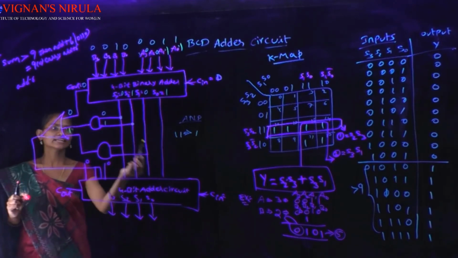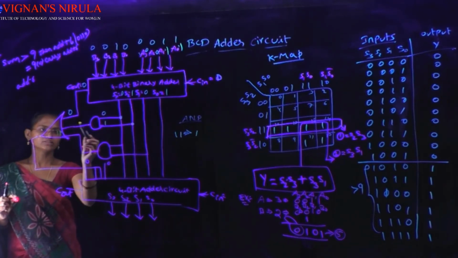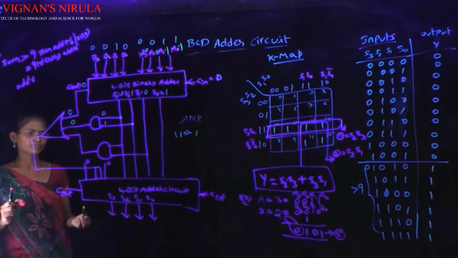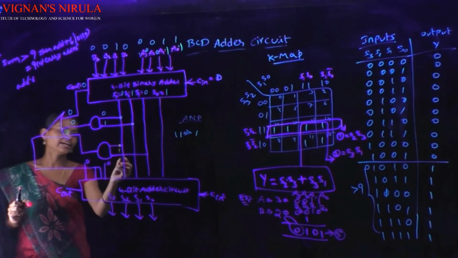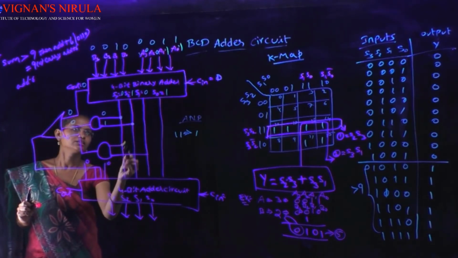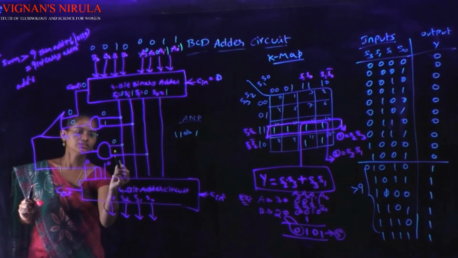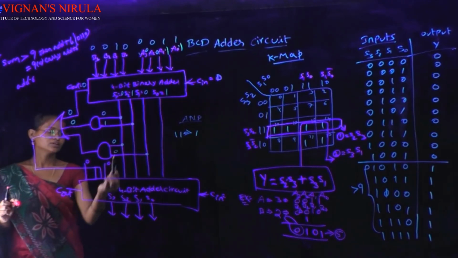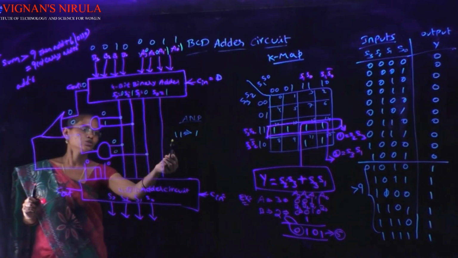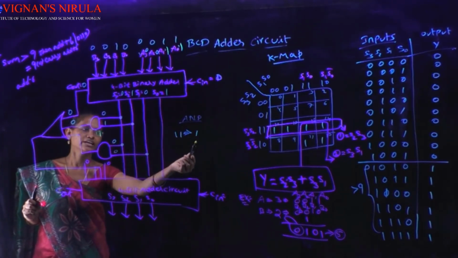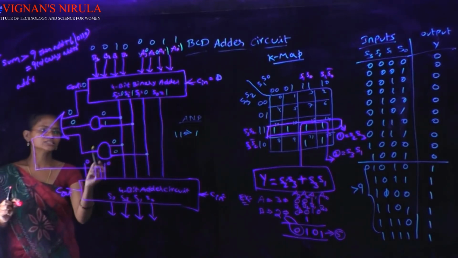Here the output is 0. For the next AND gate, S3 is 0 and S1 is 0. Otherwise, in all other cases the output is zero.